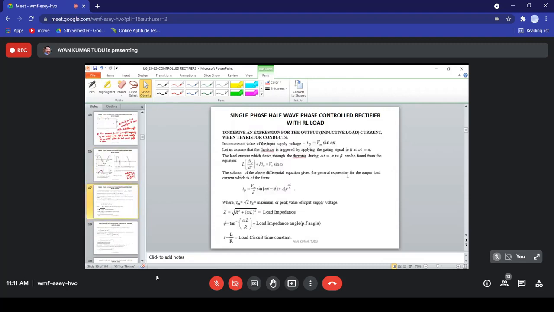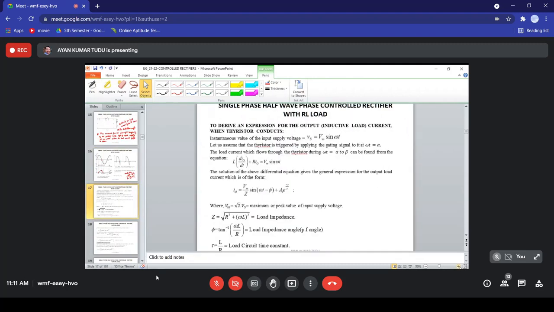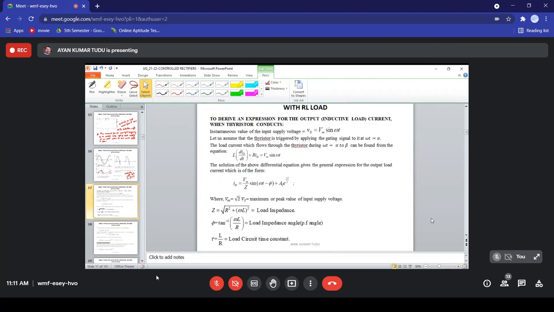To derive the expression for the output load current when the thyristor conducts, at this condition the instantaneous value of the input voltage is taken as Vs equal to Vm sin omega t. Then we have assumed that the thyristor is triggered by applying the gating signal at omega t equal to alpha.